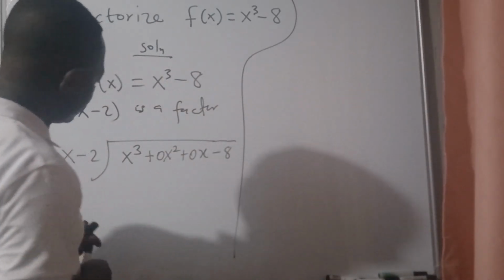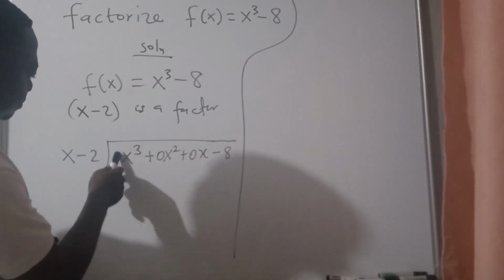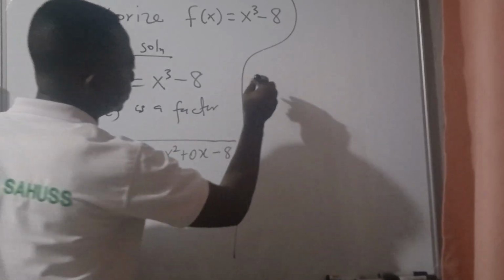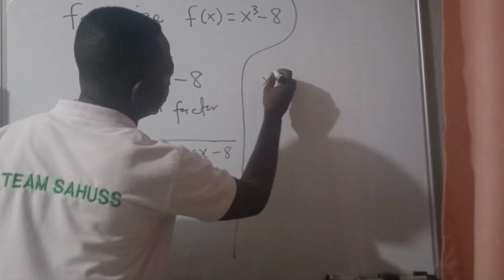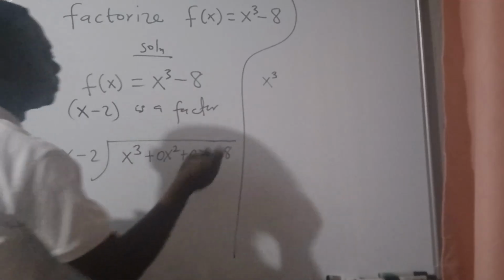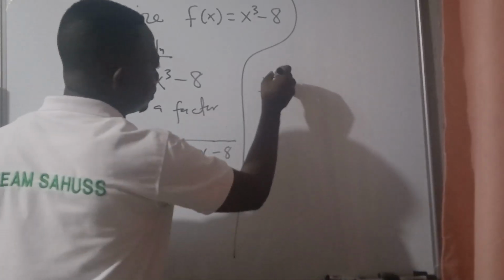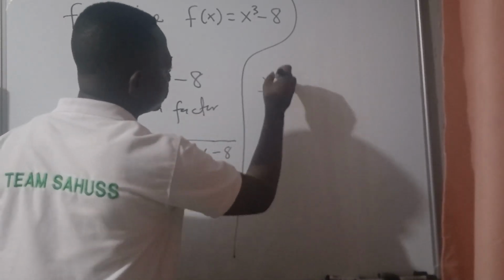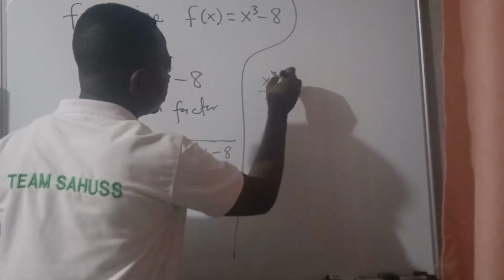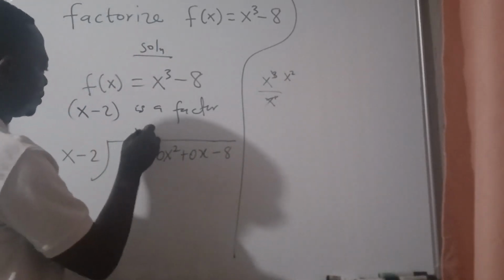All right, so this is how we do it. We observe the first term here. What's the first term? x cubed. Let's put it down, x cubed, over the first term of the divisor, x. One x here cancels one of these, making it x squared. So the answer is x squared here.